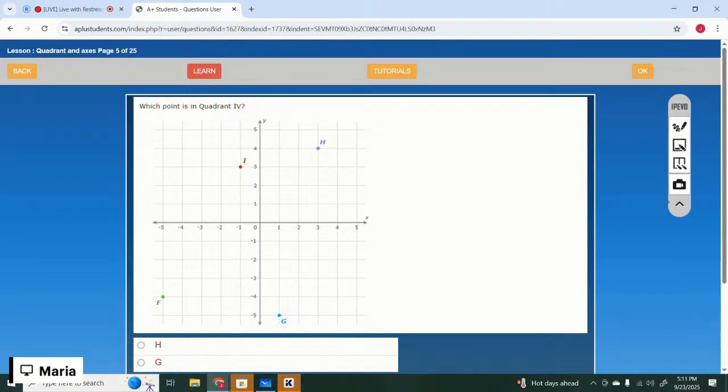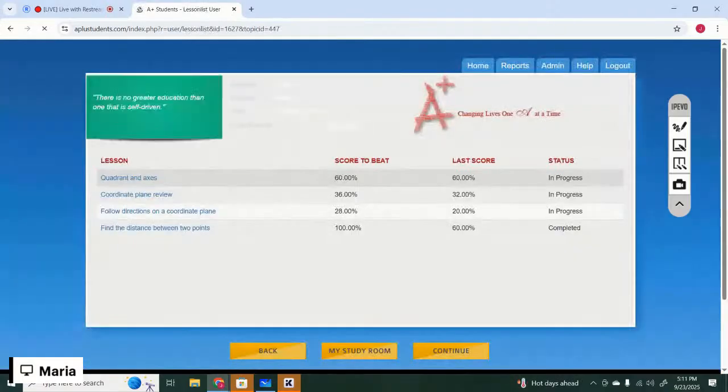G is in quadrant 4. The correct option is G. Okay, you can complete the lesson by yourself later today to move on to the next lesson.